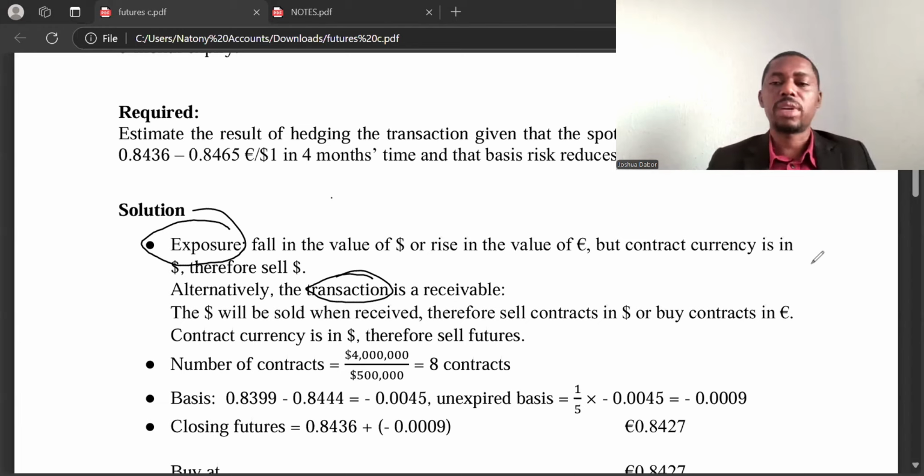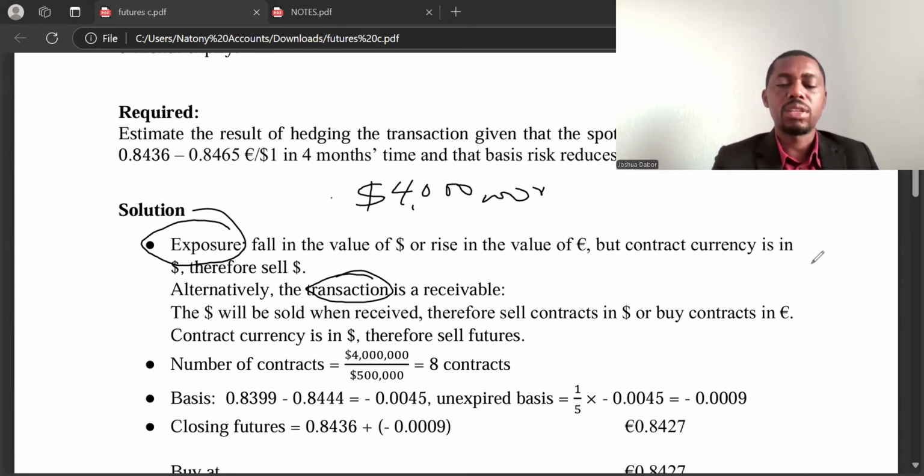Using the exposure in my last class, I said the company should buy futures in the currency that it is afraid that will rise, or sell contracts in the currency that the company is afraid that will fall. So in this question, the company is afraid that the USD, which is the 4 million, will reduce or fall in value. Therefore, the company should do what?